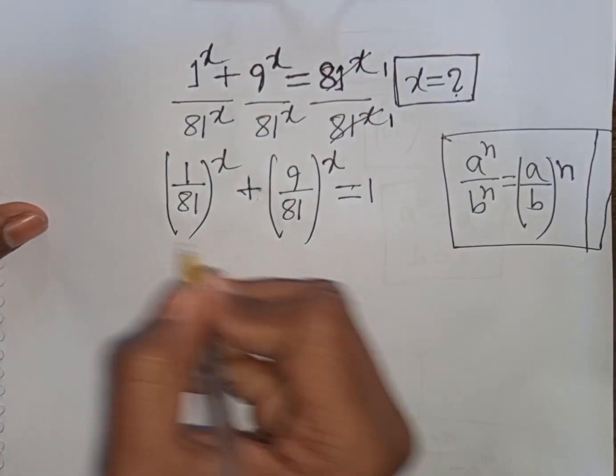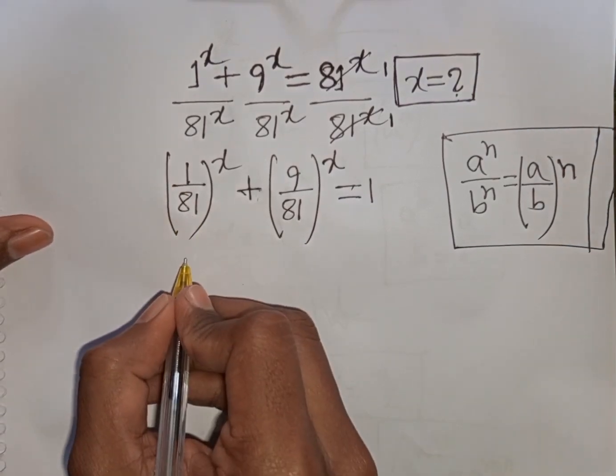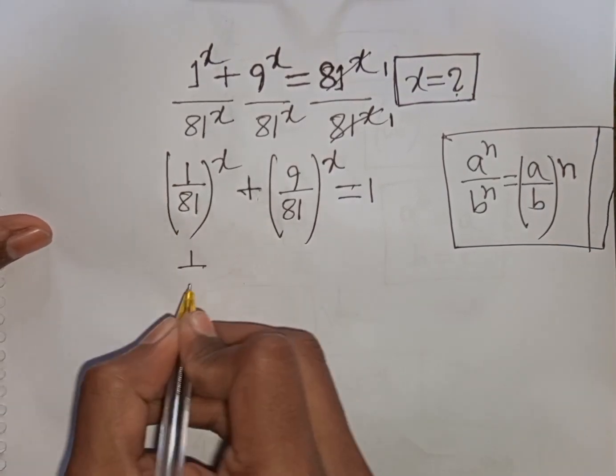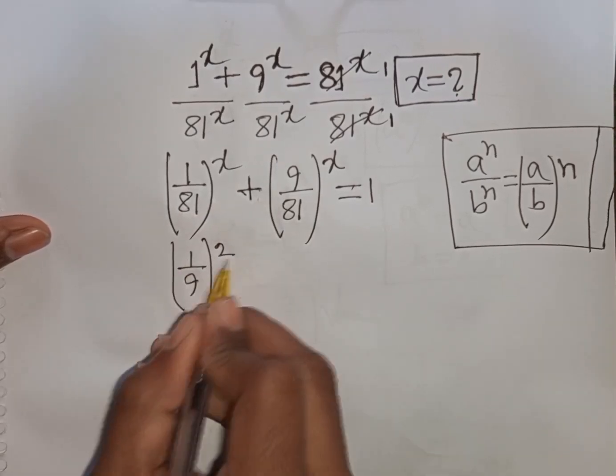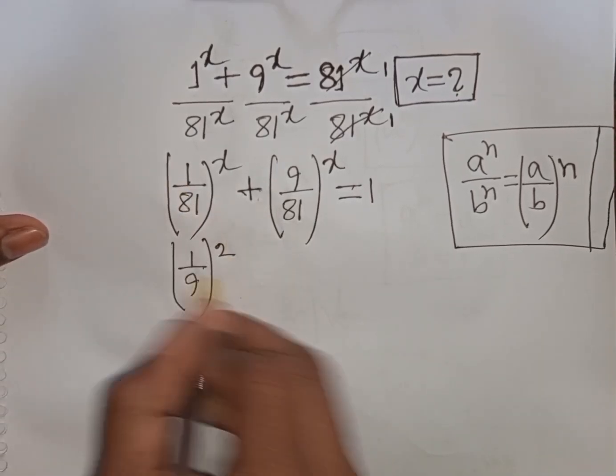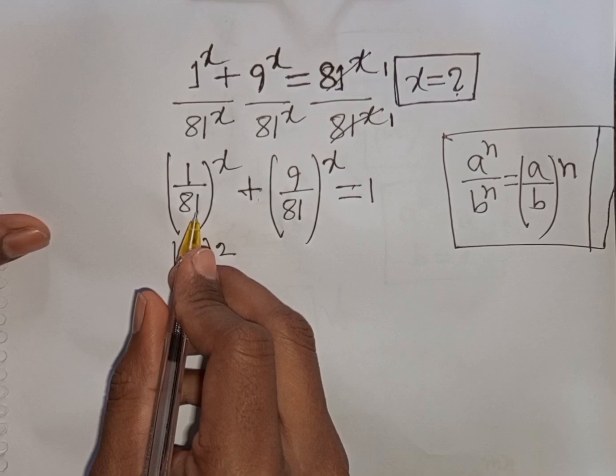Now 1 by 81 can be written as 1 over 9, then bracket power 2. 1 over 9 square is the same as 81.